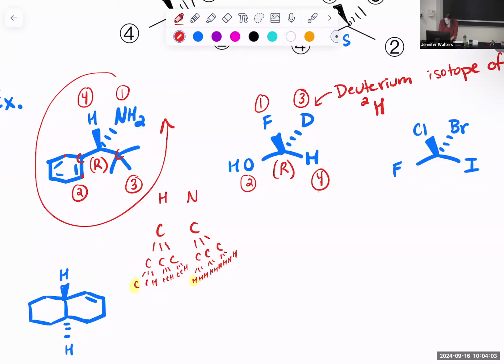So the highest priority is going to be iodine because it has the highest atomic number, followed by bromine, then chlorine, and then fluorine. So I'm going to have my thumb on the right-hand side. This is where the left-hand rule is probably easier because my elbow is getting in the way.